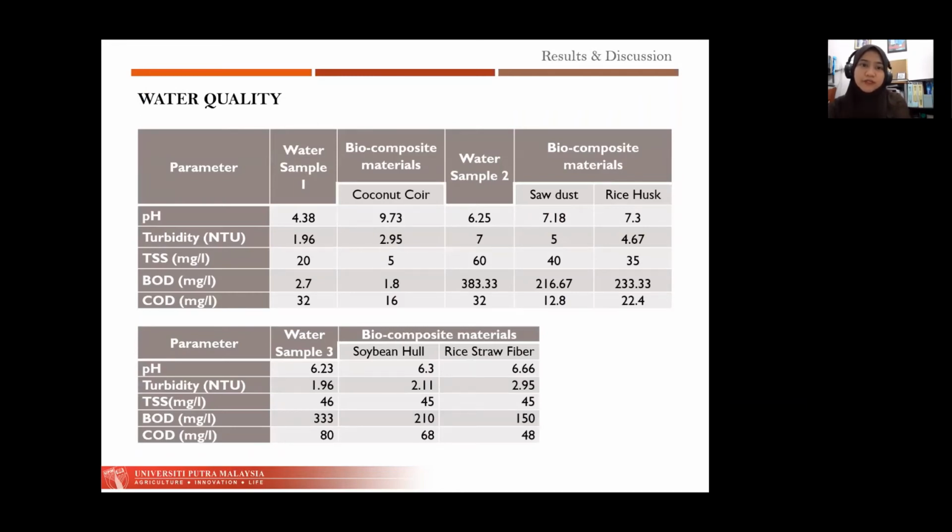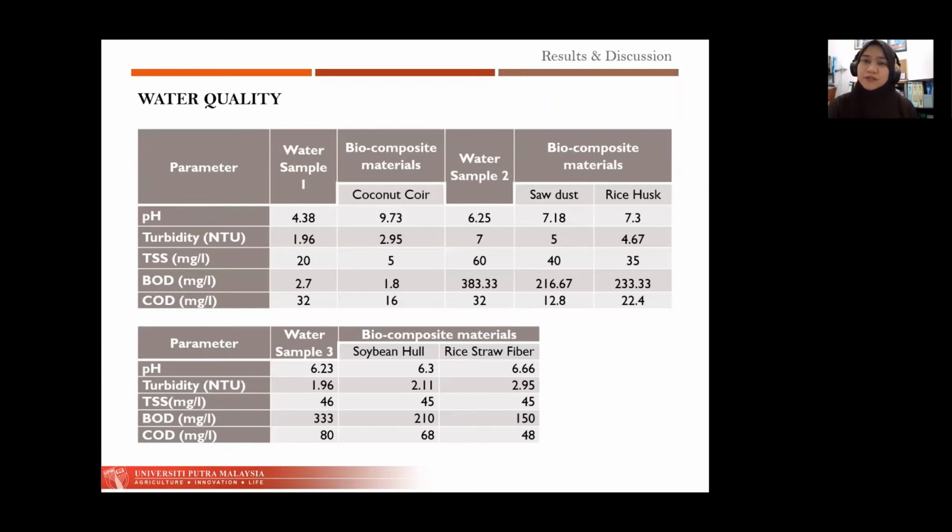What we have here is the result on the water quality. It shows the water quality result for five biocomposite materials. Based on this table, rainwater filtered through the materials gave lower readings in most tested parameters than the benchmark sample.